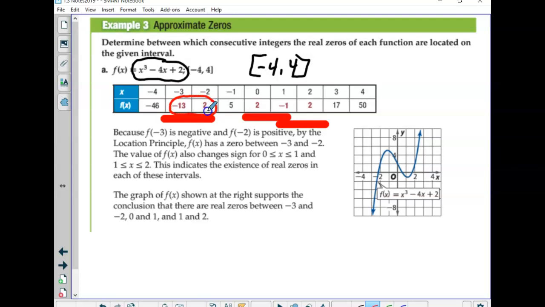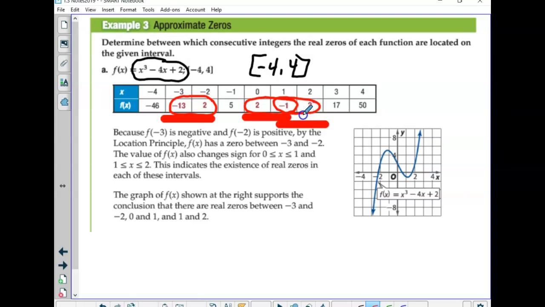Then from -2 to -1, the y value stayed positive. From -1 to 0, it stayed above. From 0 to 1, it went from positive to negative. So somewhere in there had to be a 0. From 1 to 2, for x, the y value changed sign. So somewhere in there, it crossed again.